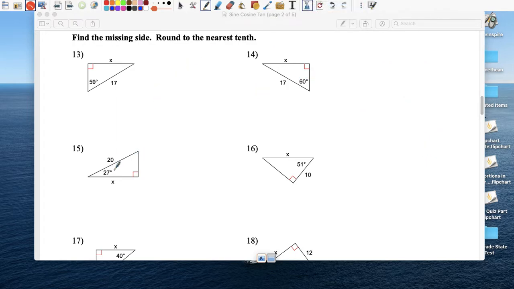Next one, this angle 27 points that way, so this is my opposite, this is always the hypotenuse, and this is my adjacent. In this case, I want something that uses the adjacent and the hypotenuse, so it's cosine. So cosine of 27 equals x over 20.